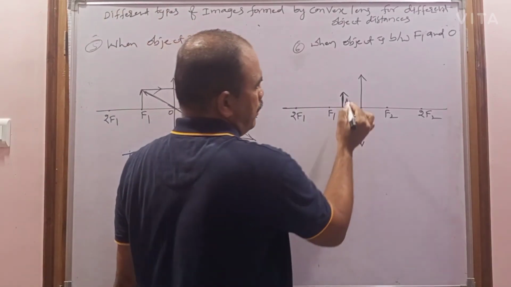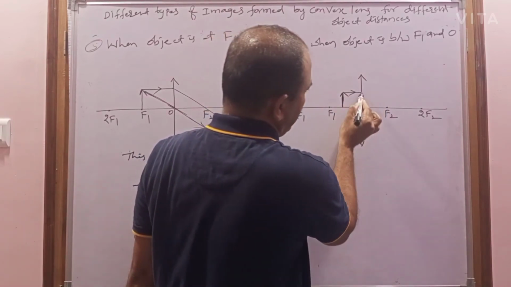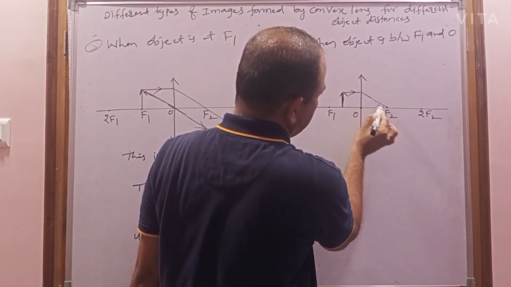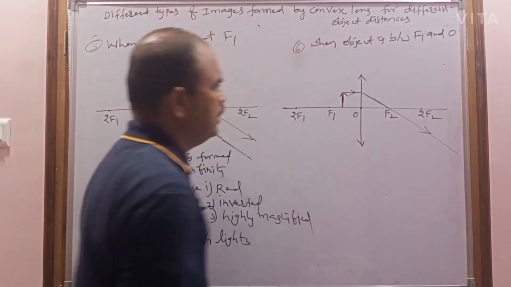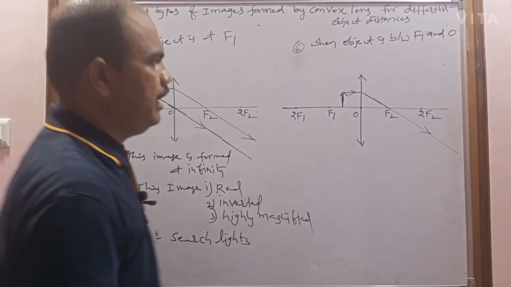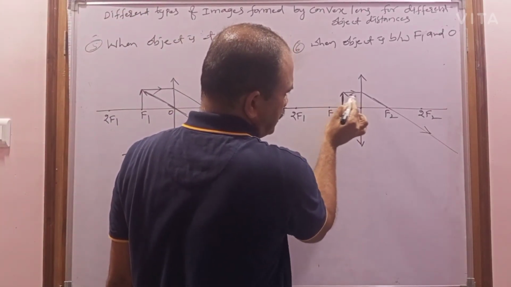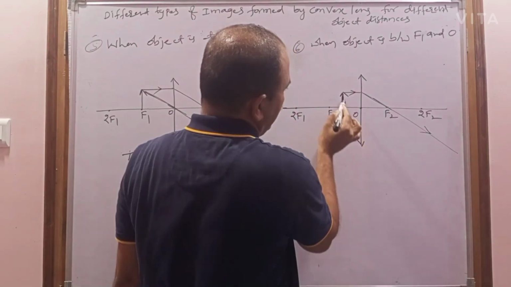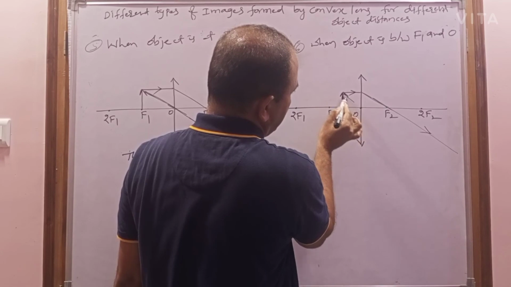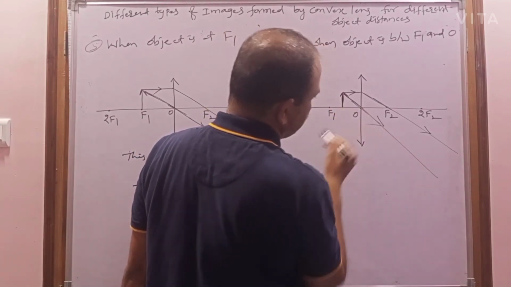One ray I am taking is parallel to the principal axis. After refraction, it passes through the focus. Next I am taking another incident ray that passes through the optic center; it continues along the same path.